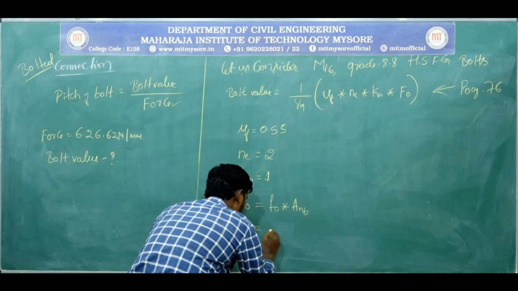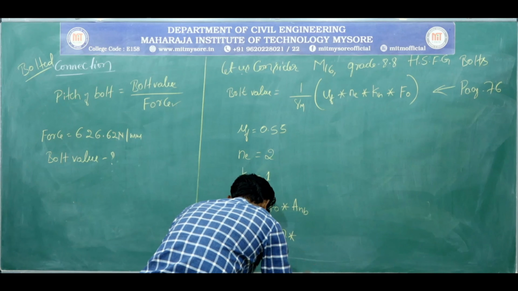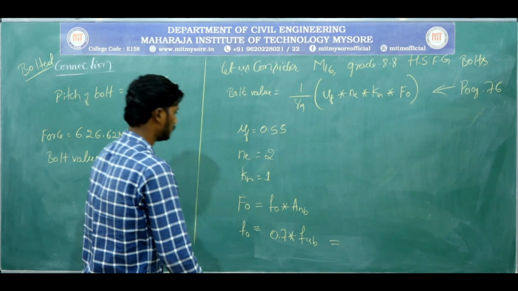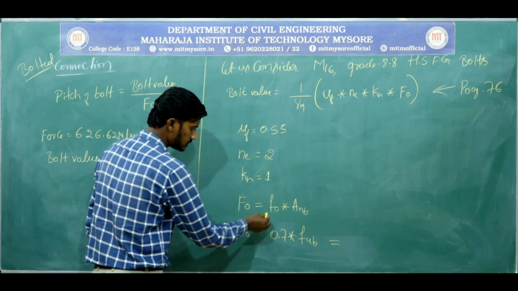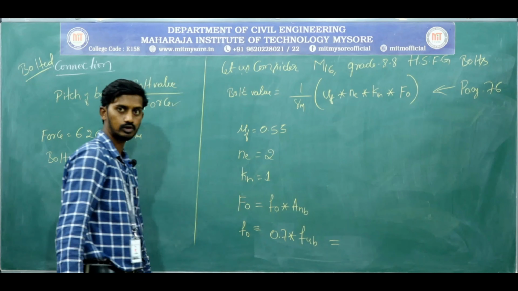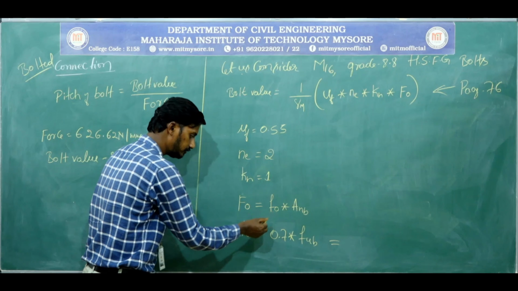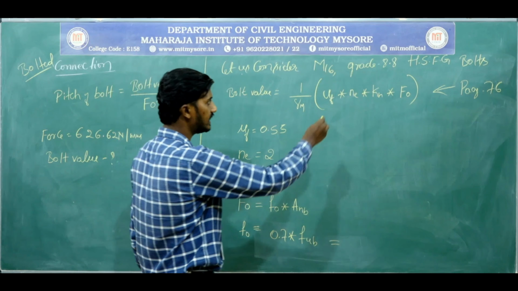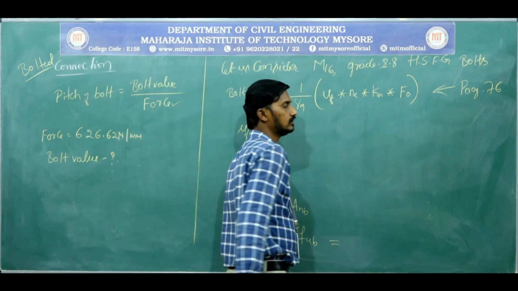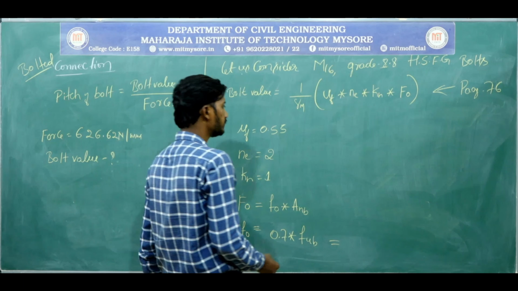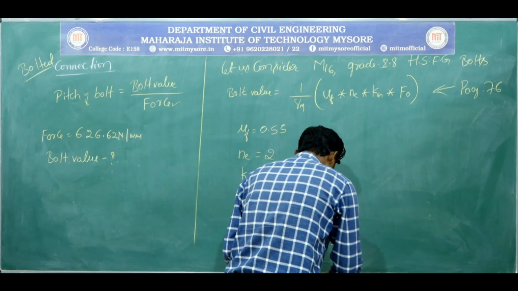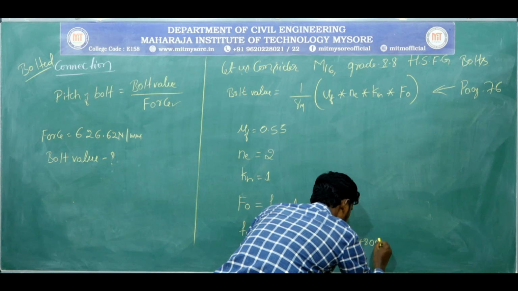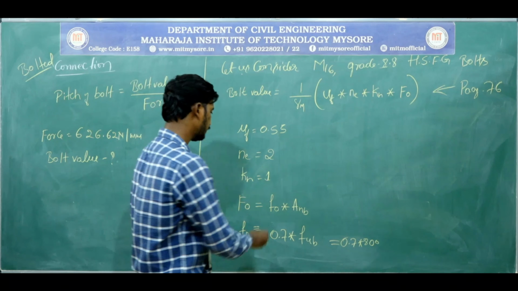Small f naught is equal to 0.7 into the ultimate strength of the bolt. As we are using 8.8 grade, what is the ultimate strength of the bolt? Yes, it will be 800. So 0.7 into 800 is the f naught value.